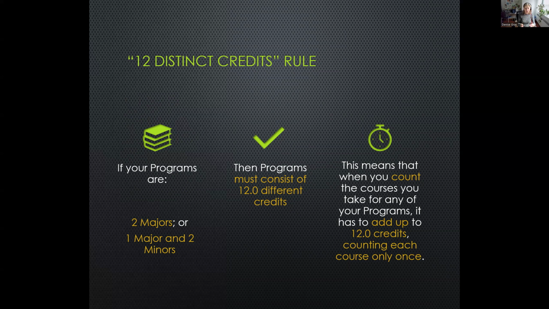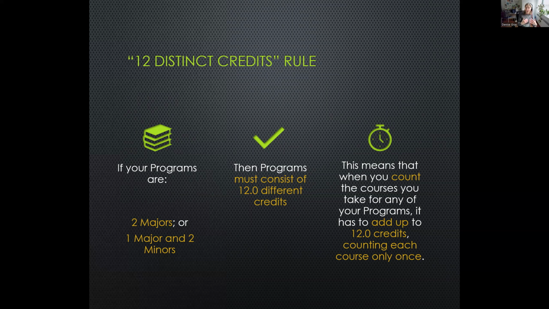If you are using Degree Explorer, which I highly recommend as a planning and tracking tool as you make progress towards your degree requirements, Degree Explorer keeps track of this particular rule for you, the 12 distinct credit rule. You could also come to the registrar's office and we can go over it with you and count it up for you or with you.